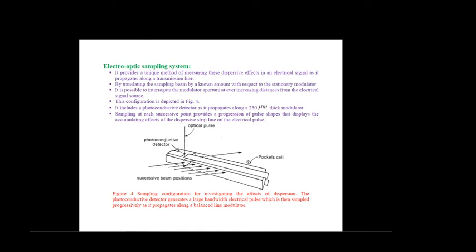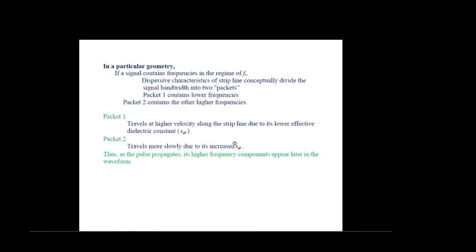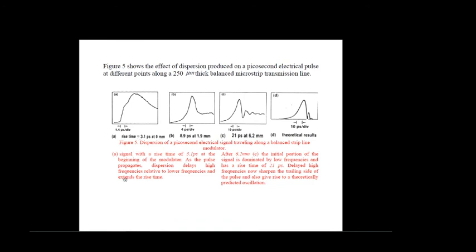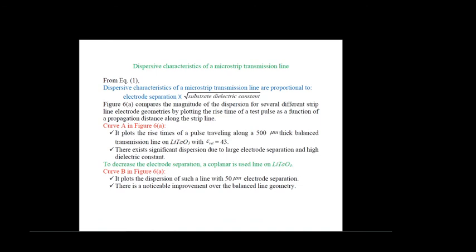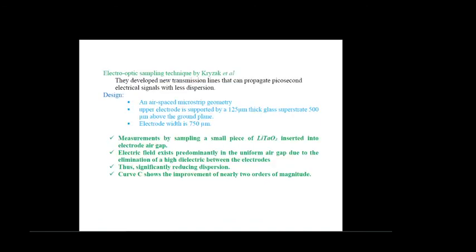Here you see in figure 6a, which compares the magnitude of the dispersion for several different strip line electrode geometries by plotting the rise time of the test pulse as a function of propagation distance along the strip line. In figure 6A, the left side figure, there is a curve termed curve A.